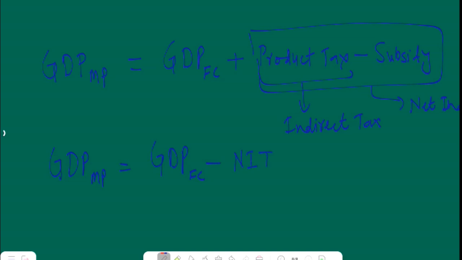From this equation we can also get GDP at factor cost is equal to GDP at market price minus net indirect tax.